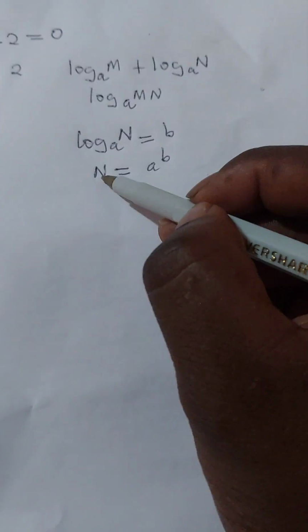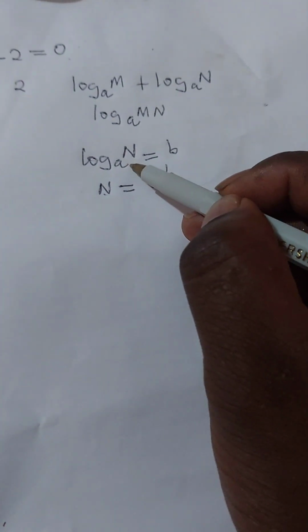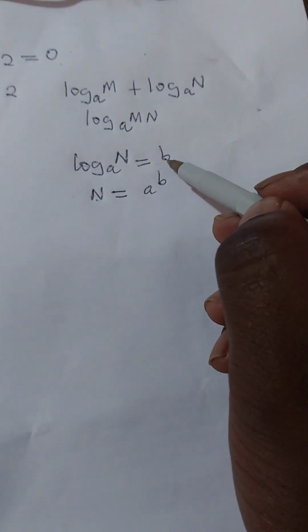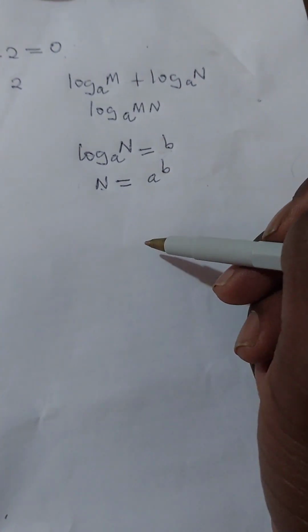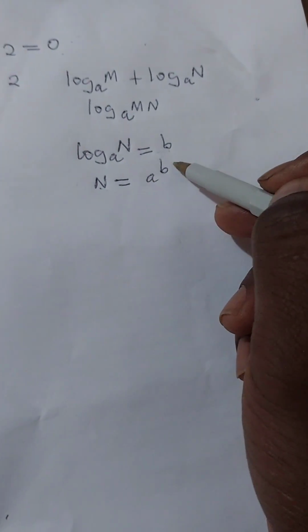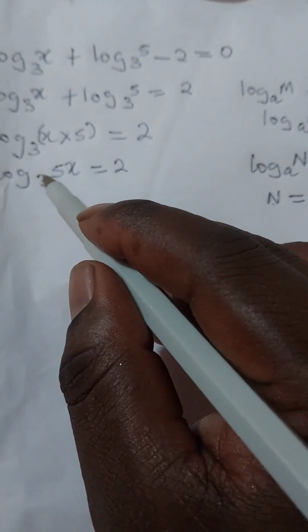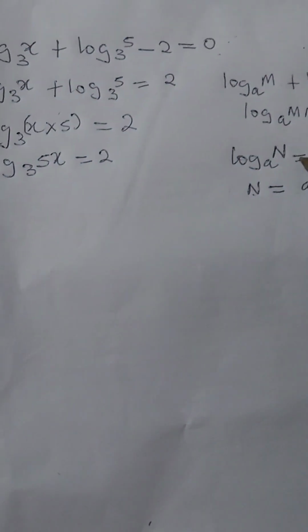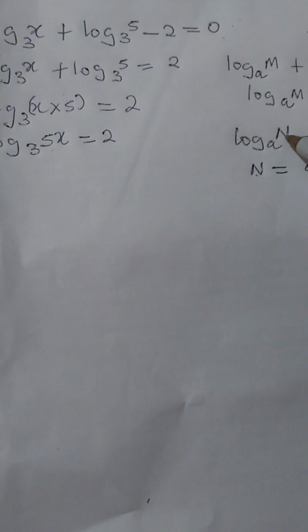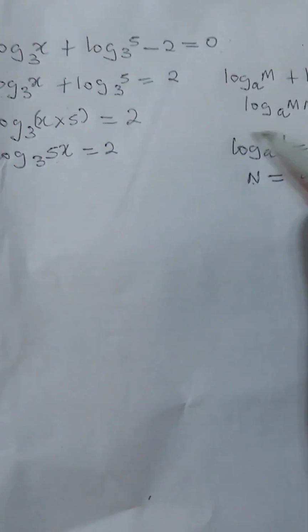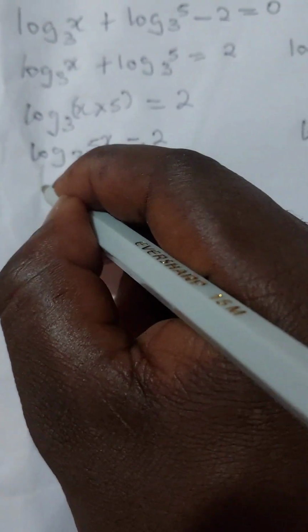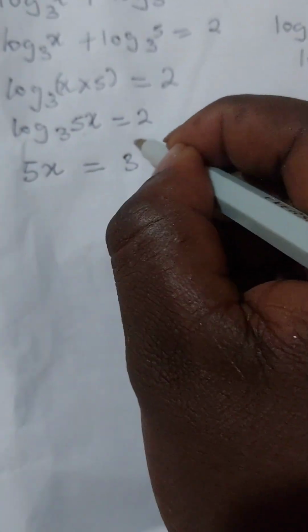So this n remains here, and then a crosses and uplifts b as its power. So we have n is equal to a to the power b. This is the exact format with this one, as we can easily compare. 5x can be compared to n, 3 to a, 2 to b. So it means that this becomes 5x is equal to 3 to the power 2.